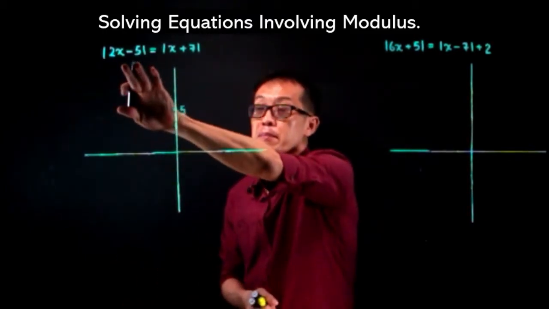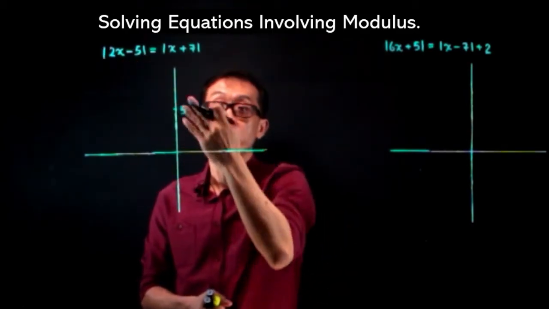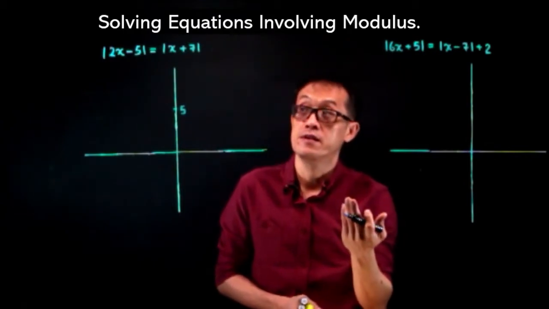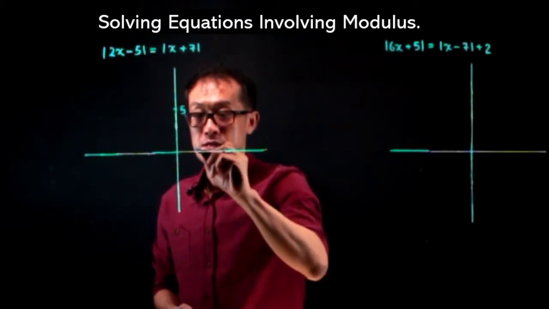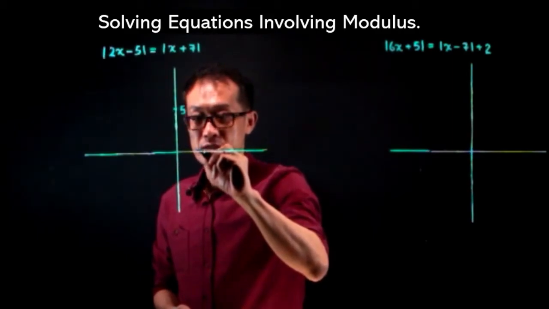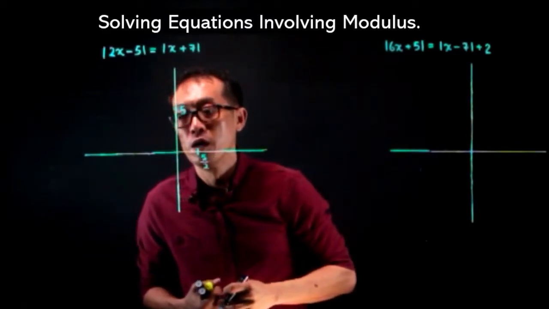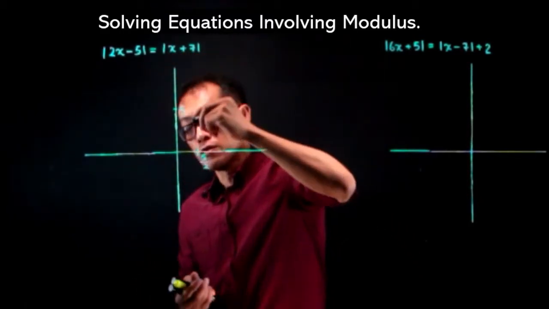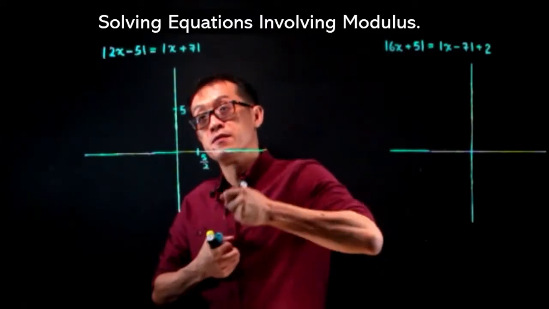Now what is the minimum point? The x-coordinate of the minimum point is 5 over 2 or 2.5, on the x-axis I mean. So let's say this is 5 over 2. Okay, so this graph will look something like this.